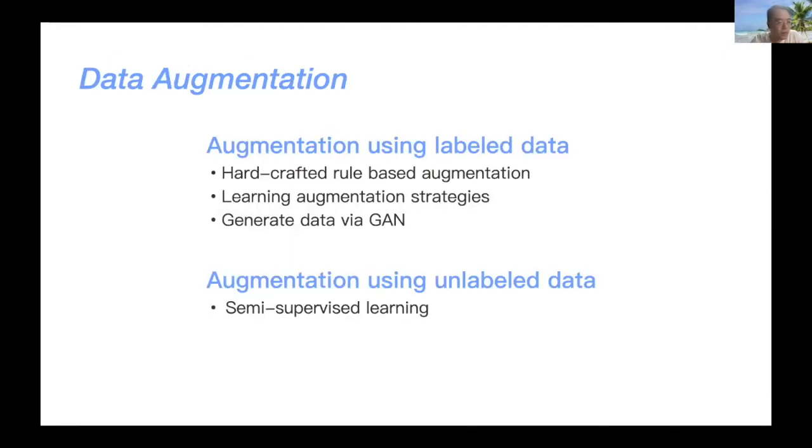So in the last few slides, I talked about how to deal with the small data issue from the point of view of the model. We could also think about this problem from the point of view of data. So how do we do data augmentation? Usually, we can use some handcrafted rules or just apply augmentation strategies to get more data.